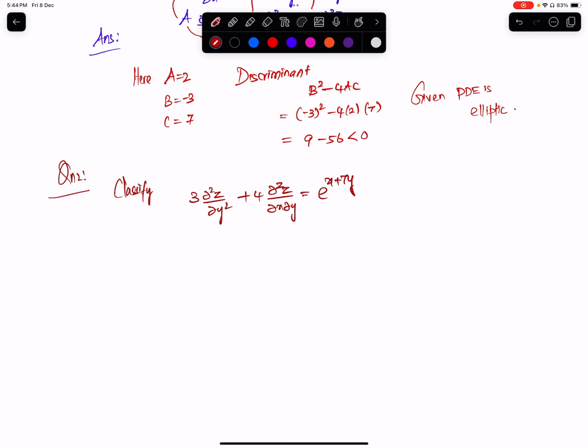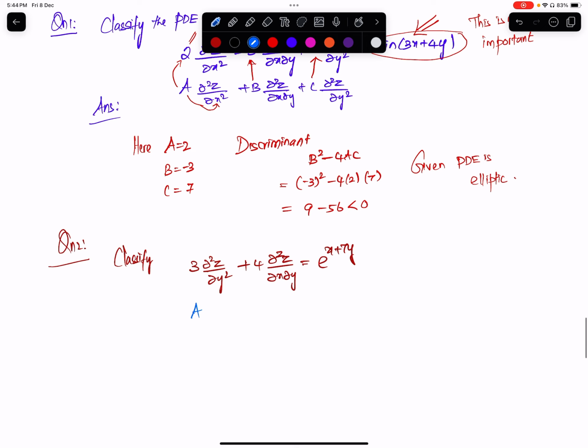So what you have to do is compare with this: A ∂²z/∂x² plus B ∂²z/∂x∂y plus C ∂²z/∂y². As I told before, you have to find the value of A from x square, but here they have given y square.